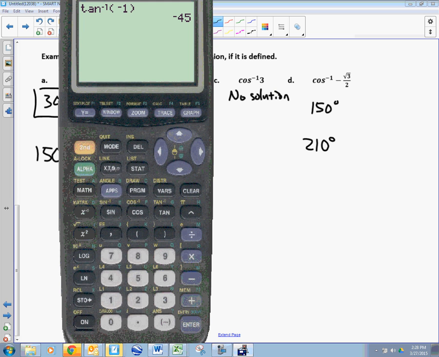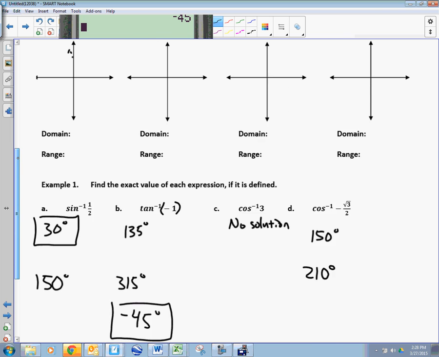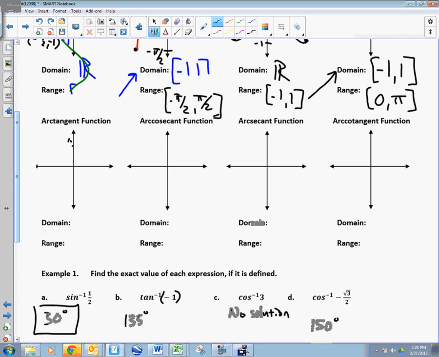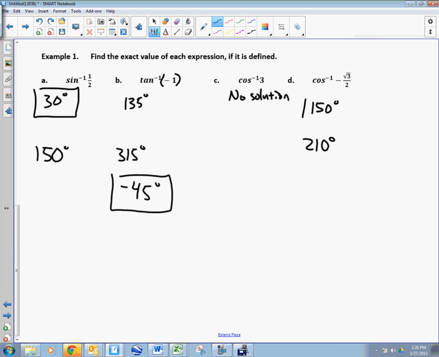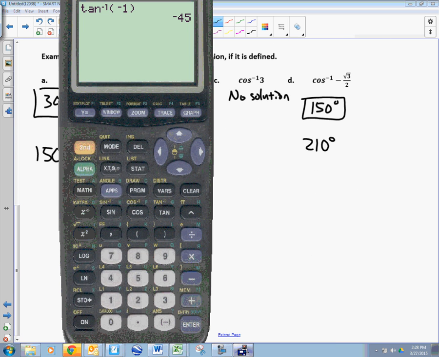As you look at the range for cosine inverse, it says it's between 0 and 180. So which one is our calculator going to give us? It's going to give us the 150. And if you actually try that, cosine inverse of -√3 divided by 2, you can see that it does in fact come up with the 150.